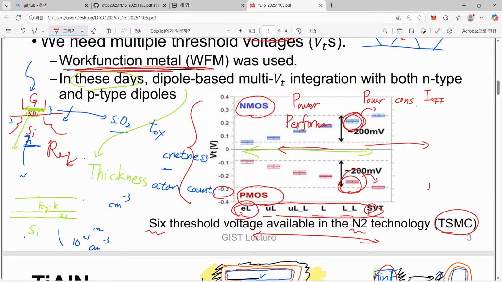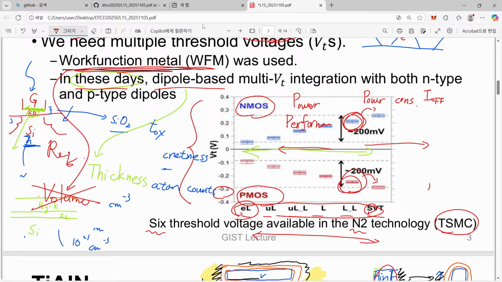After that, the remaining space is filled with metal, for example, tungsten. But these days, since the distance between two channels is so close, the work function metal, which consumes a certain volume, is not acceptable at all. So a dipole is introduced by just one single layer, so it does not consume any volume. That's the reason why in the most advanced technologies we are currently using dipoles.